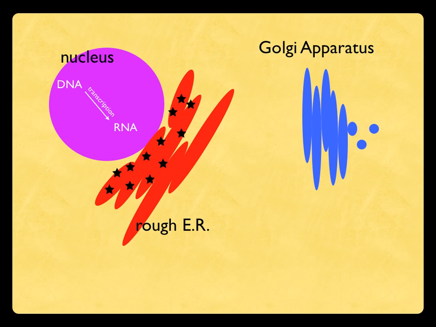Taking DNA and making a copy of a gene in RNA form. So that happens in the nucleus. And then that little RNA can find its way to a hole in the nuclear envelope into a ribosome in the rough ER. And once it's there, translation happens.